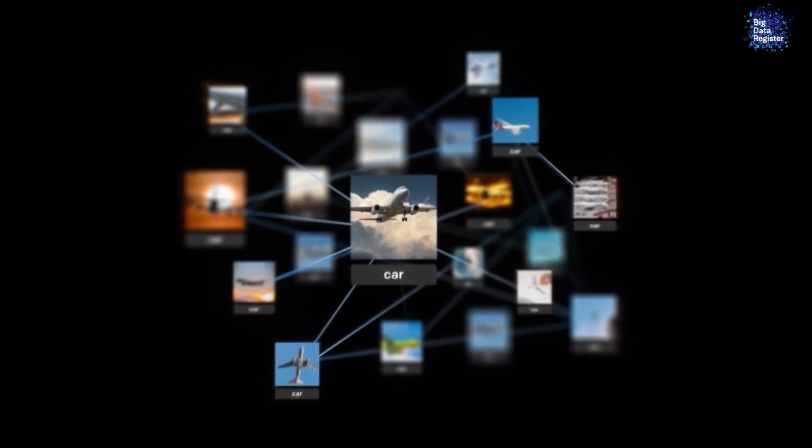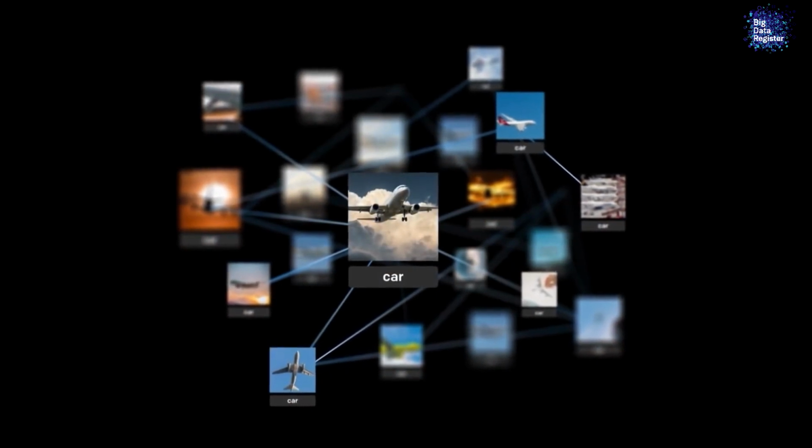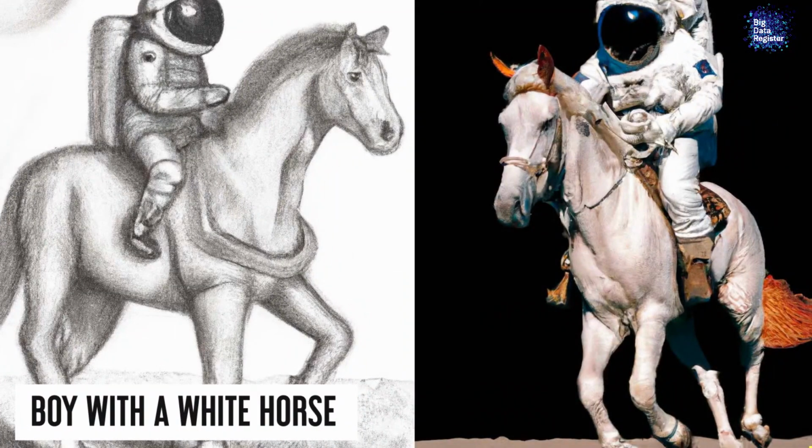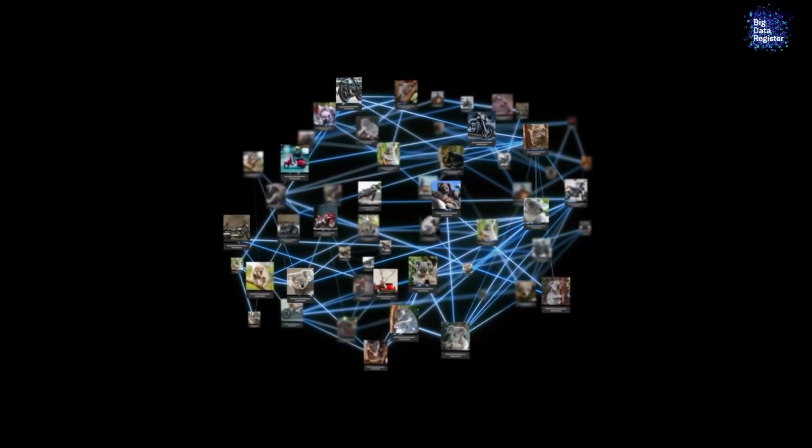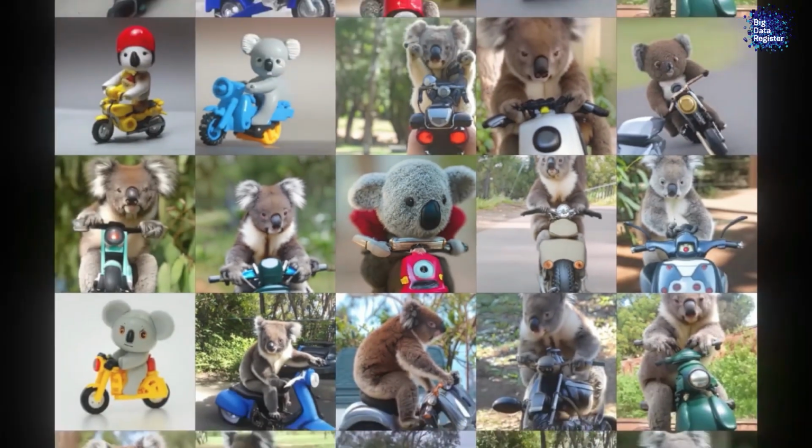Instead of having a human labeler predetermine whether or not these are in the same category, this enables the model to use language to distinguish between, for example, a boy with a white horse and a girl with a brown horse. DALL-E 2 has figured out how images relate to the text that describes them.